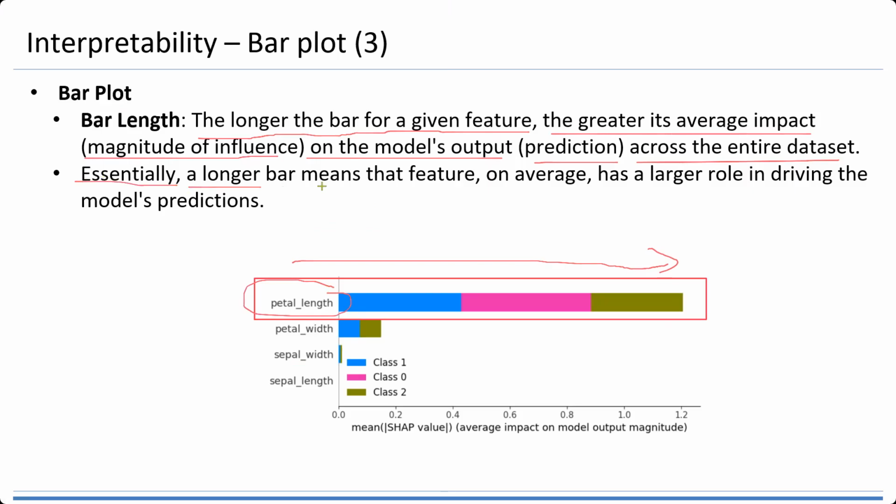Essentially, a longer bar means that feature on average has a larger role in driving the model's prediction. So if you want to get a good prediction, make sure that you include these features because these features will improve the accuracy, the precision, the recall, and of course, the F1 score.